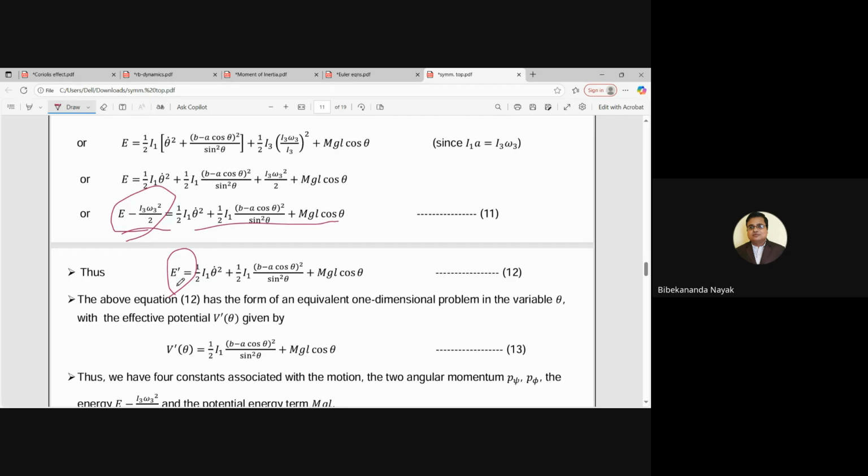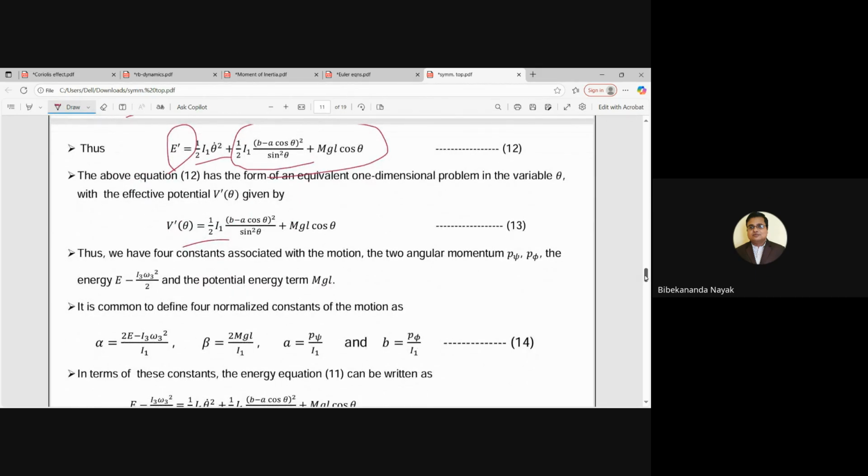So this is the effective E prime. It is actually kinetic energy, half mv square, or for a rotating body half I1 theta dot square. So the rest must be potential energy, the effective potential energy V prime theta. This is mgl cos theta plus this.